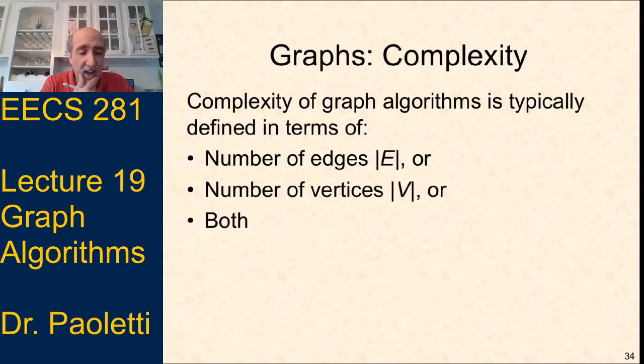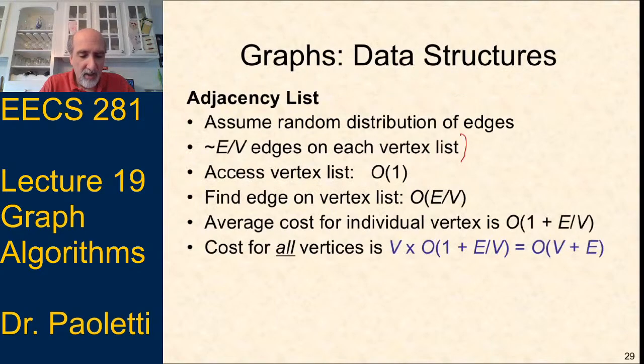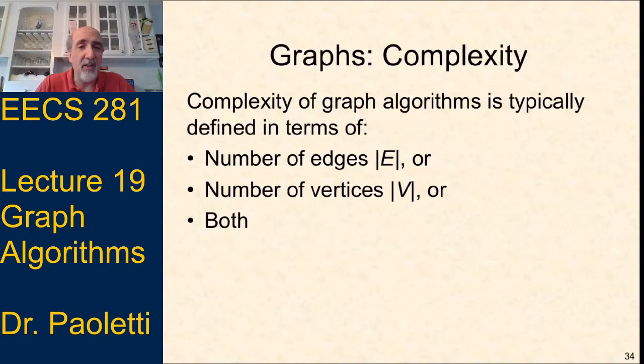Like we just had one where I said, if I want to list all of the edges in this list and print out where you can get to from your starting point, it would take me O of V plus E time. So some algorithms are going to have 2 variables in their complexity.